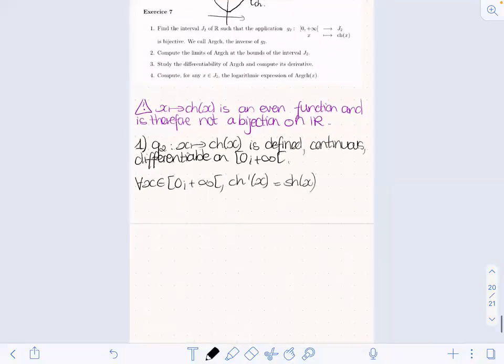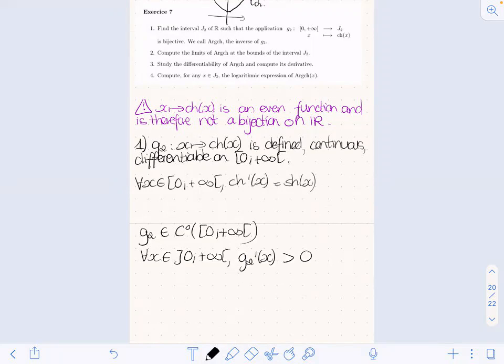So we've got the two classical arguments. We've got G2 is C0, so continuous on 0 plus infinity. And for any x on the open interval, G2 prime of x is strictly positive. Okay, sh of 0, so G2 prime of 0 is equal to 0 at 0.